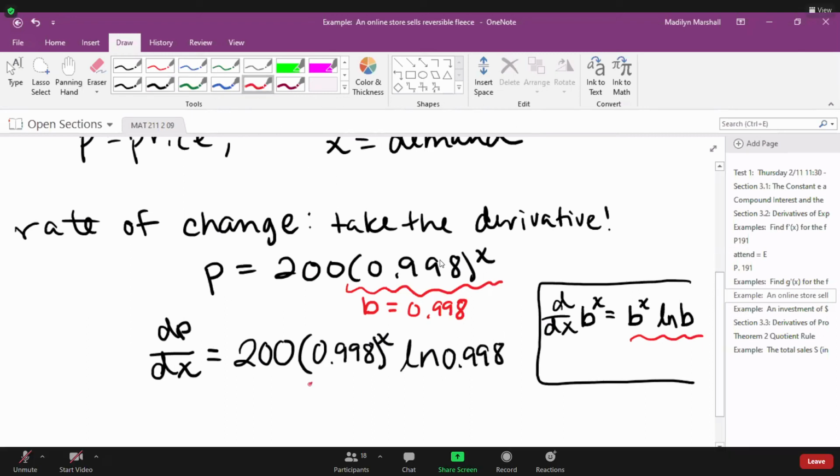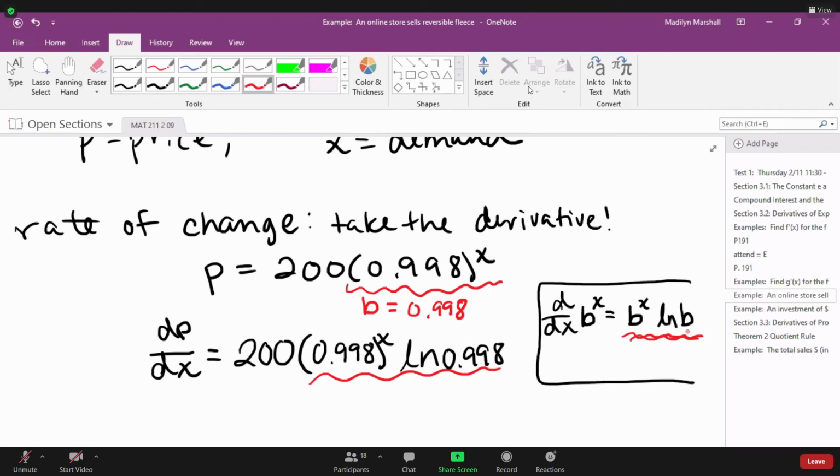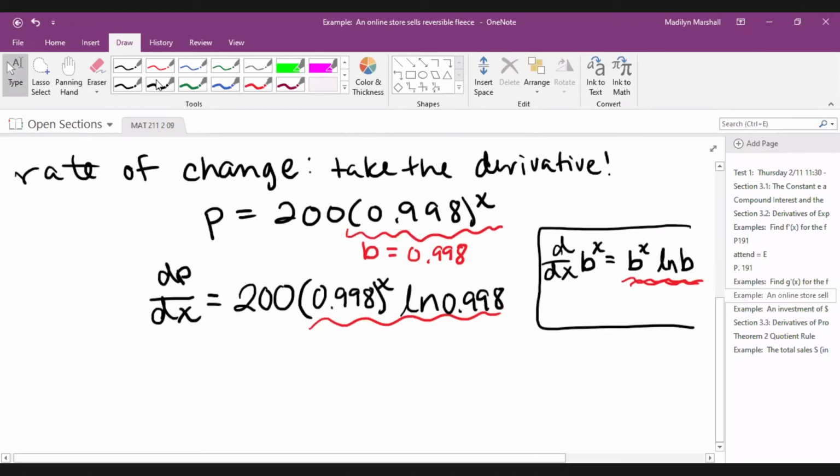So we're just taking that exponential derivative formula and identifying that b is 0.998 and then plugging that in for b. Which is not a very nice looking derivative, but that's okay. That's just how it works sometimes.